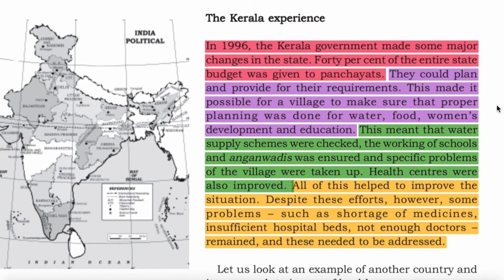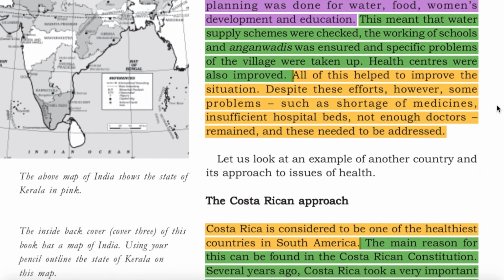This meant that water supply schemes were checked, the working of schools and Anganwadis were ensured, and specific problems of the village were taken up. Health centers were also improved. All of this helped to improve the situation. Despite these efforts, however, some problems such as shortage of medicines, insufficient hospital beds, and not enough doctors remained, and these needed to be addressed.